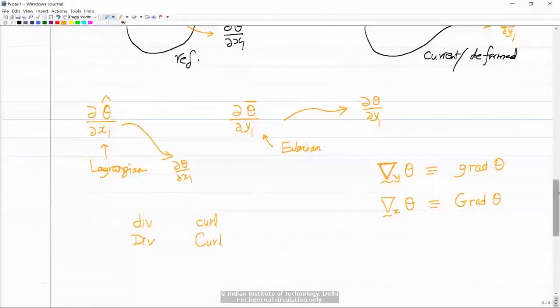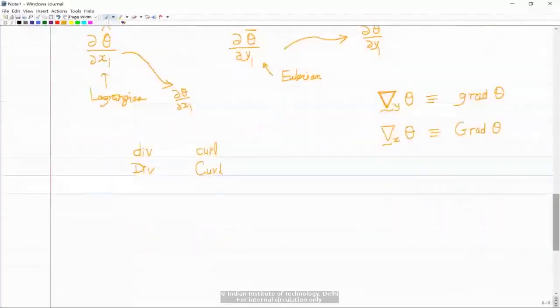And as I told you, you can also relate the Lagrangian and the Eulerian gradients. Let me show you, for example. So the Lagrangian gradient, for example, you will see it is del theta hat over del xi, isn't it? With respect to, let us say, ith coordinate. So this thing you can also write as, you see, theta hat is same as theta bar, no? If expressed at the corresponding positions. So we know that this is at x.